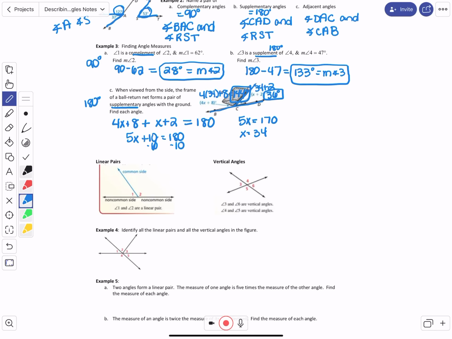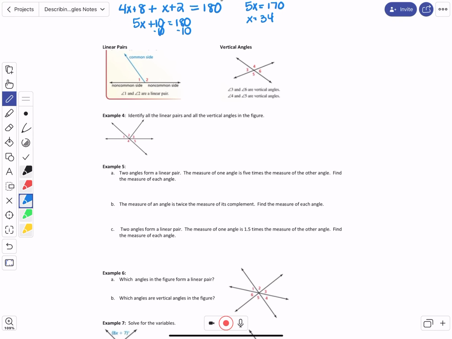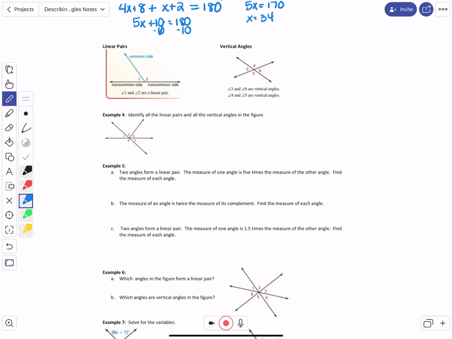Okay, so now let's talk about linear pairs. A linear pair means that angle 1 and angle 2 share a common side. So it's very similar to being an adjacent pair.